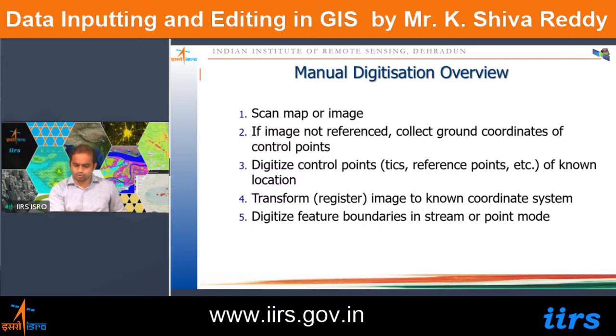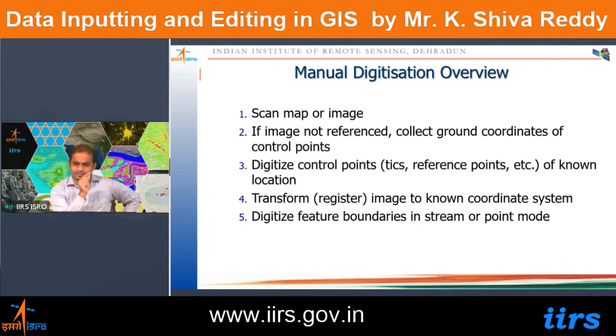So there are two ways. Either you go to the ground and calculate the ground coordinates, or you use third-party resources which are already available and get its coordinates. Right? Then in the GIS software, you need to digitize those control points.